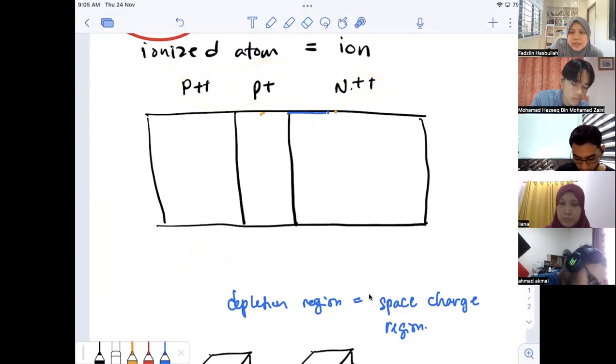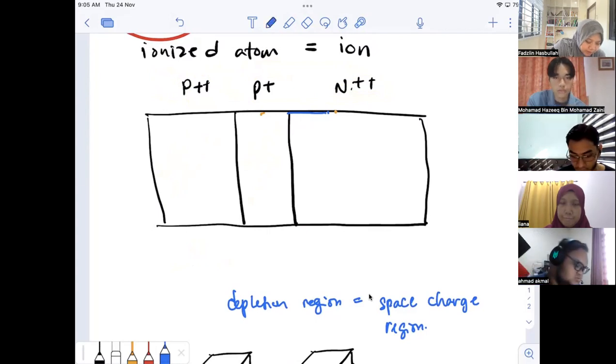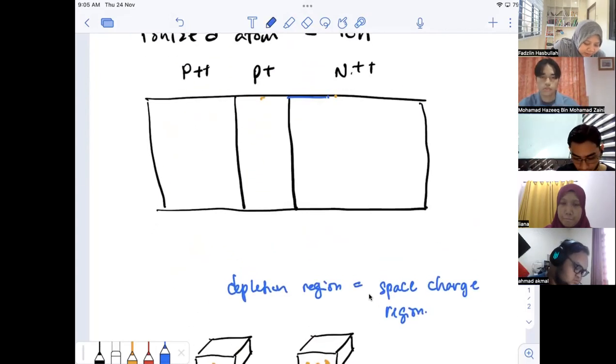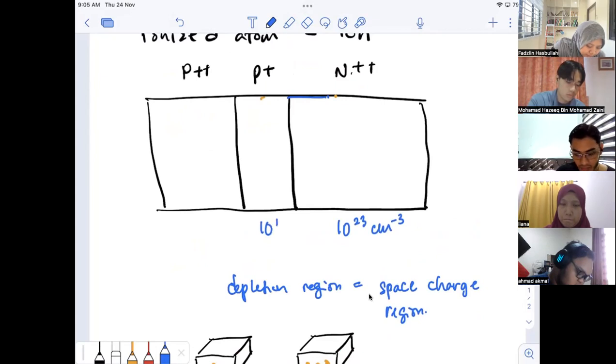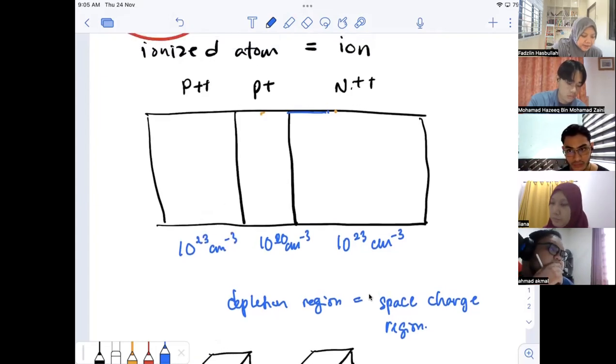You should know relatively the doping, this is higher doping than this, and this is maybe the same doping or roughly. But sometimes in a question, I will tell you, okay, the N plus here is, let's say, 10 to the power 23 per centimeter cube. This one is 10 to the power 20 per centimeter cube. This one is 10 to the power 23 per centimeter cube. Okay, draw me the depletion region at, let's say, minus 40 volt.